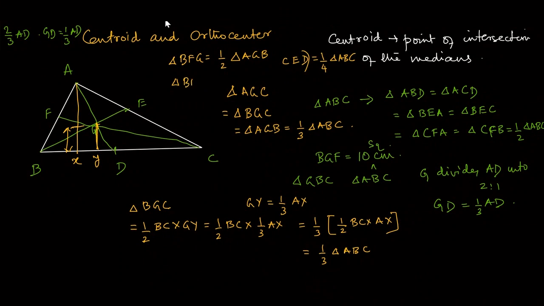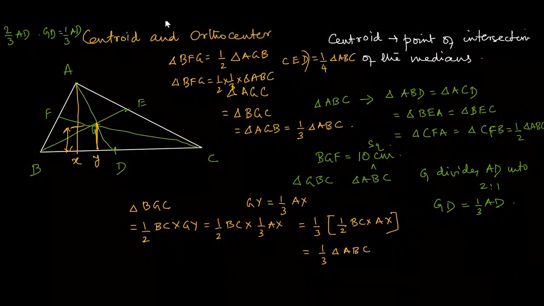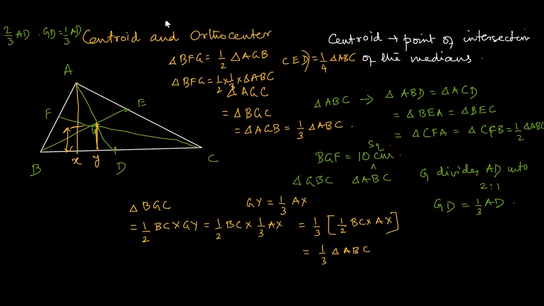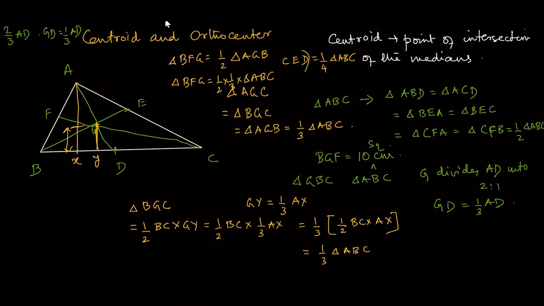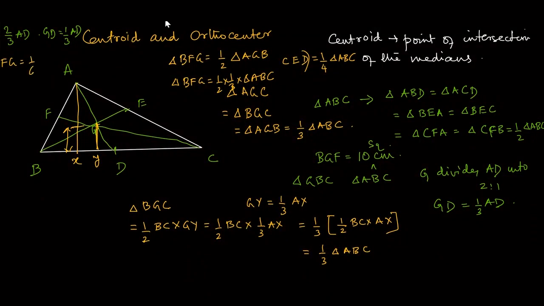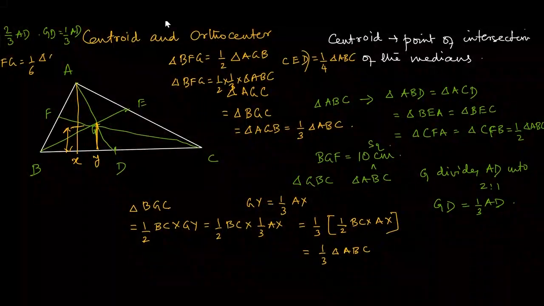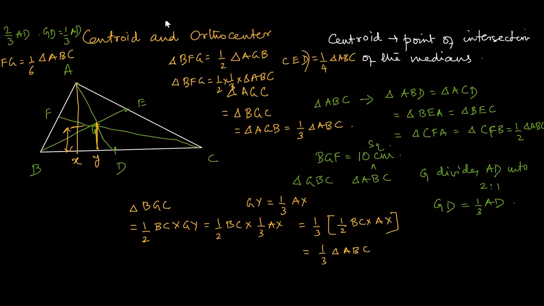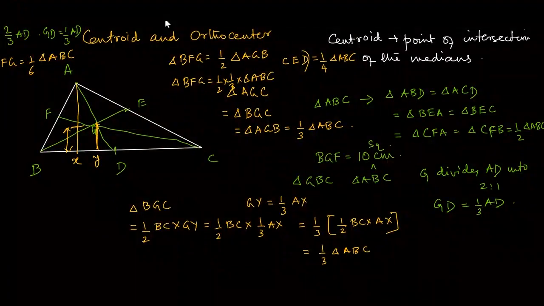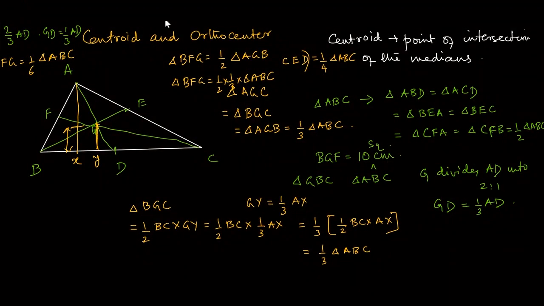So triangle BFG is half of 1/3 of triangle ABC, right? So triangle BFG is 1/6 of triangle ABC. That means if you are given the area of any of these 6 small triangles, you should just multiply it by 6 to get the area of the big triangle.